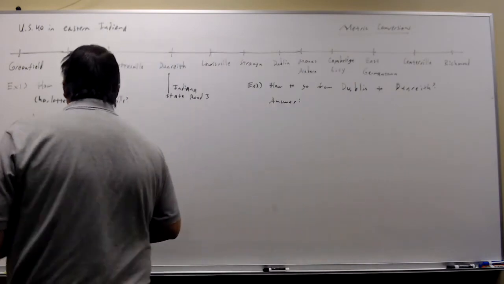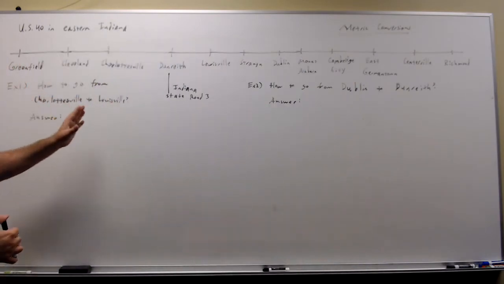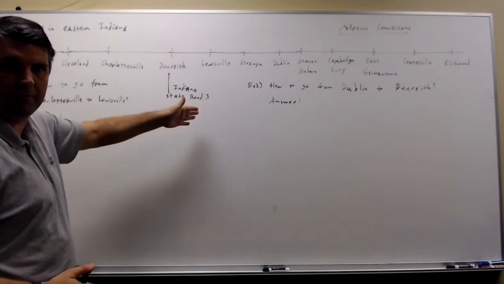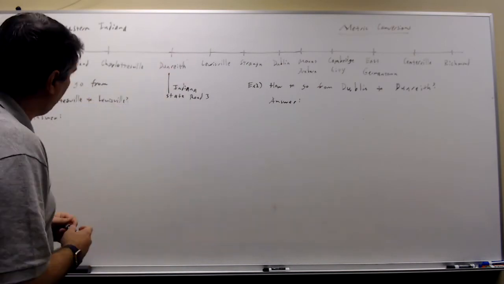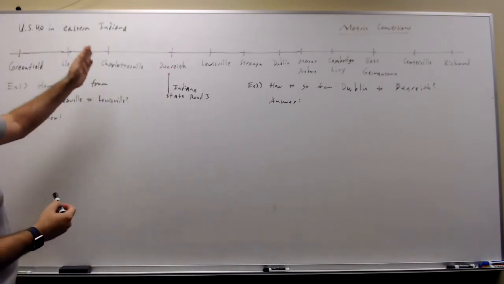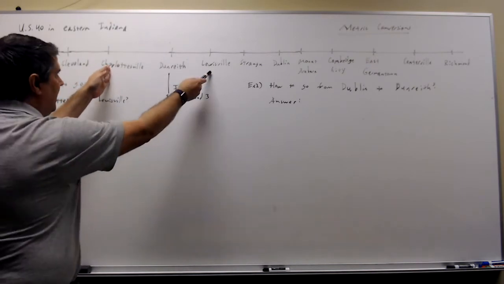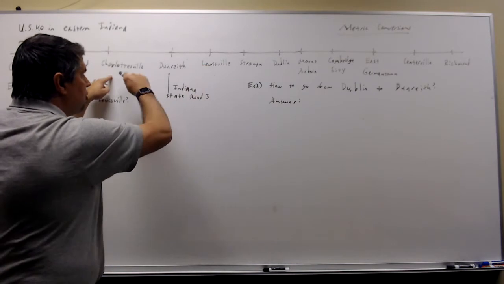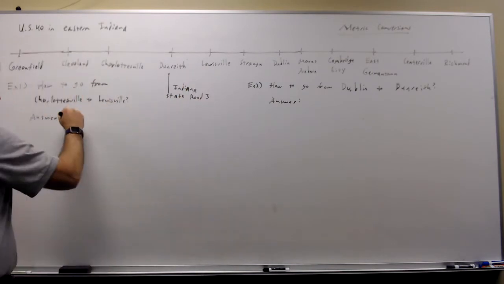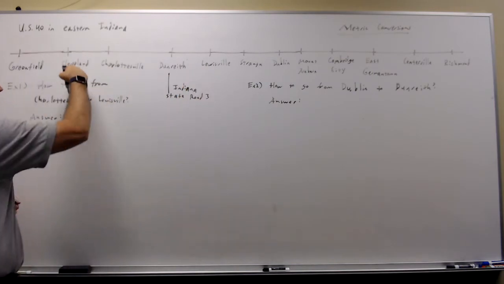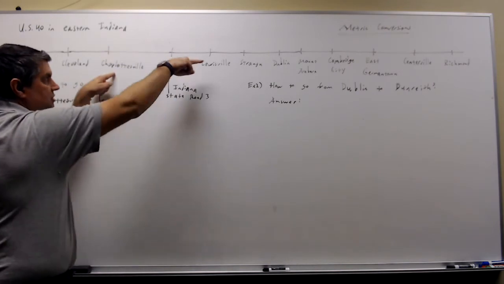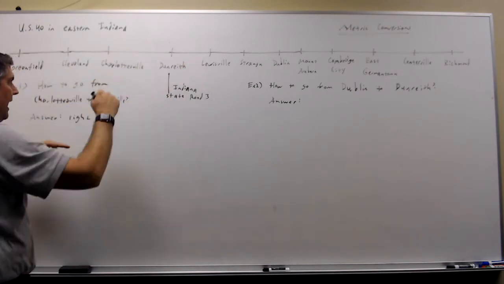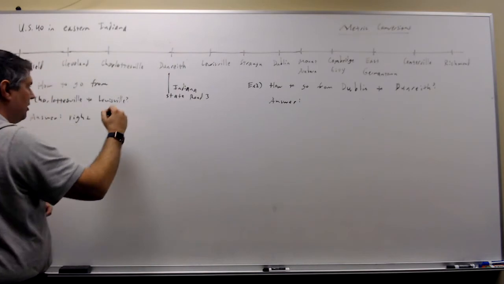So anyway, if I was facing north, which is what road maps are generally oriented towards, if I wanted to go from Charlottesville to Louisville, I would go 2 towns to the right. Charlottesville to Louisville is to the right, and it's 2 towns over.